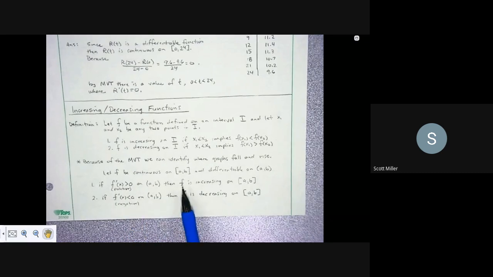Because of the mean value theorem, we can identify where graphs fall and rise from this concept. Okay, and this is how we're going to be looking at this. Let f be continuous on the closed interval and differentiable on the open interval. If f prime of x, the derivative, is positive on the interval, then I can say that the function is increasing on this interval.